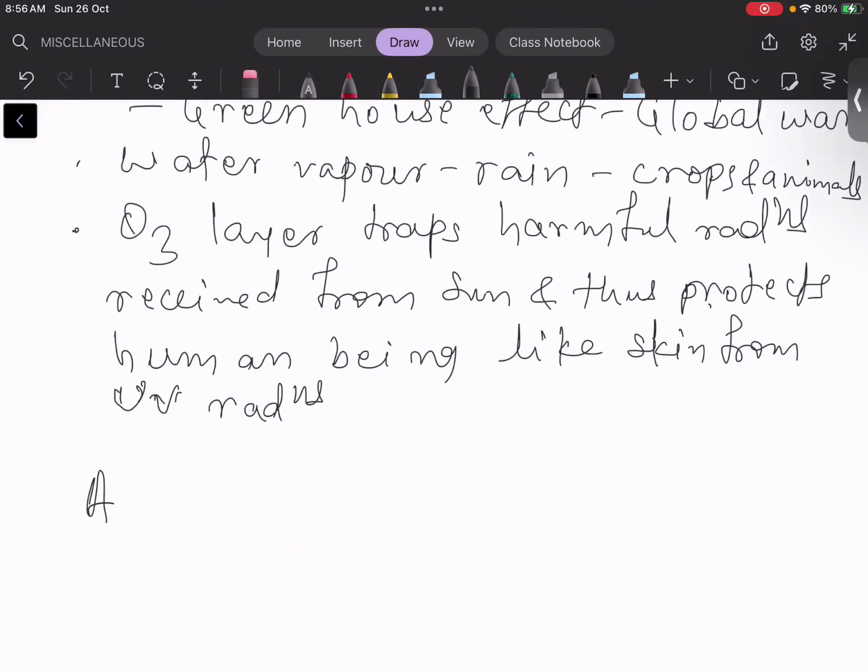Now next, atmosphere. What is meant by atmosphere? A blanket of gases. Correct. It acts as a blanket for Earth's surface.